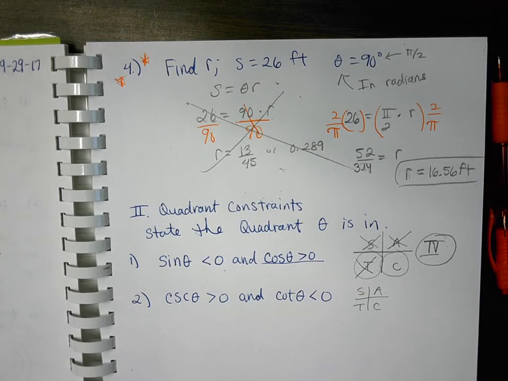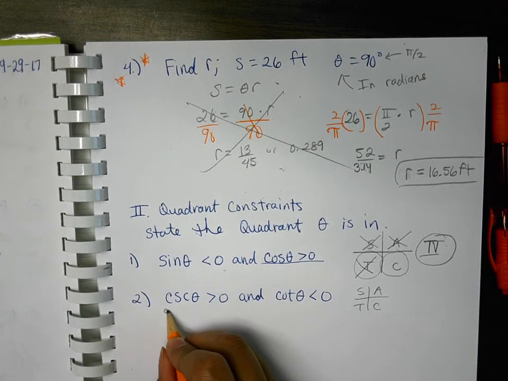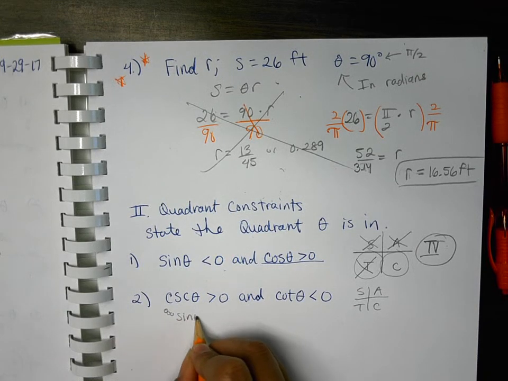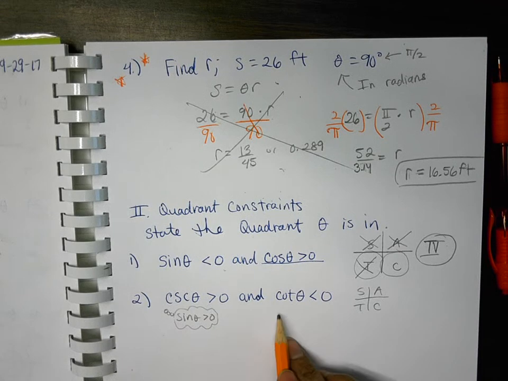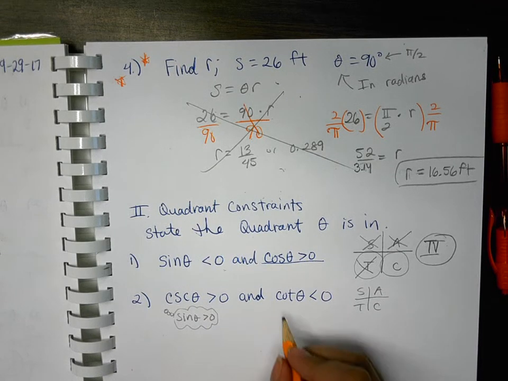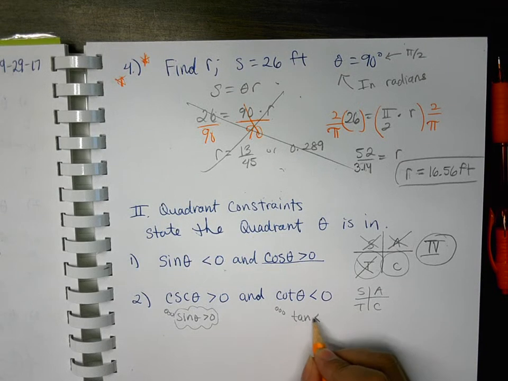No. But what do we know about reciprocals? The reciprocal of a positive number stays positive, and the reciprocal of a negative stays negative. So cosecant's the reciprocal of what? Sine. So if cosecant's greater than 0, sine will also be greater than 0. Does that make sense? And cotangent's the reciprocal of what? Tangent. So which means tangent must be negative.